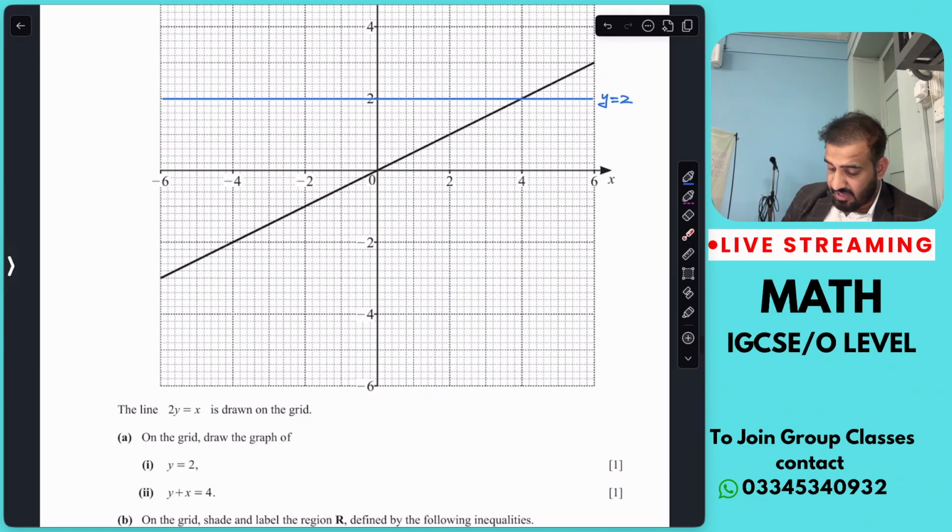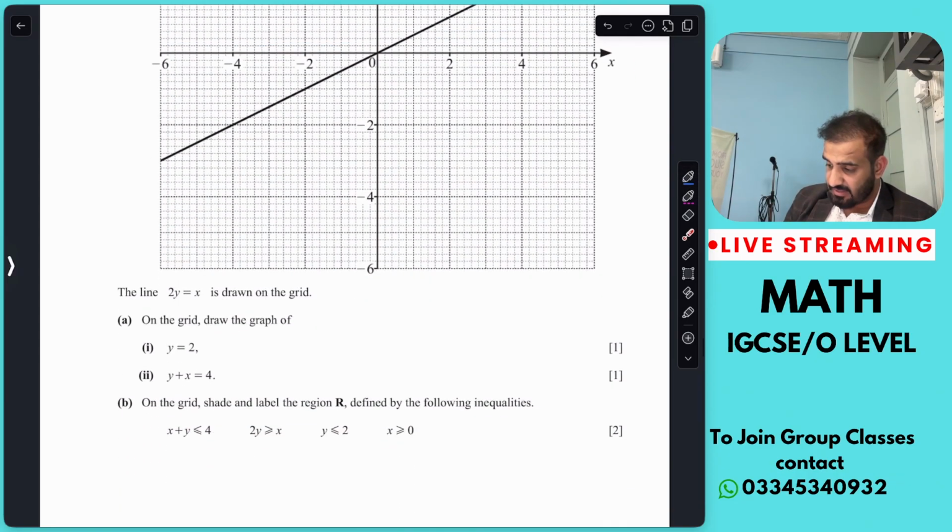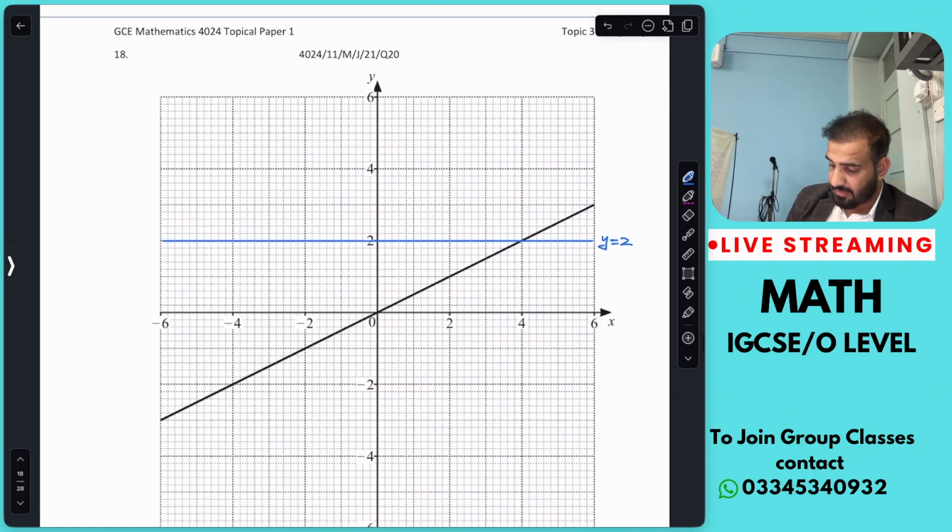The next line is y plus x is equal to 4. So how to draw the other line? Put x 0. You will get y is equal to 4. It is 0 comma 4. Put y 0. You will get x equal to 4. It is 4 comma 0. So where is 0 comma 4 and 4 comma 0? 0 comma 4 and 4 comma 0 are these 2 points.